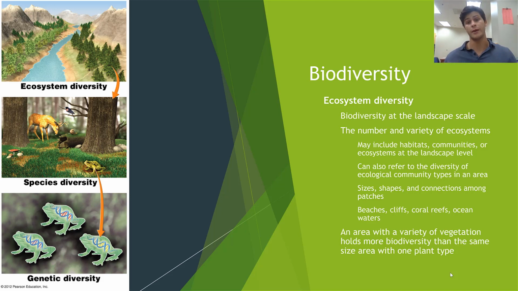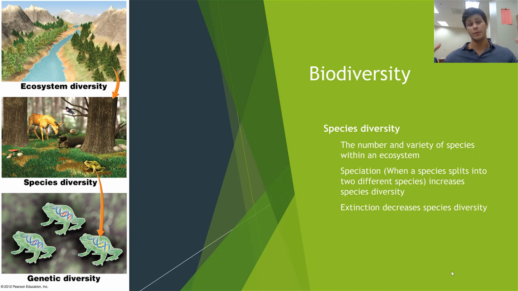So, all else equal, a landscape that is very connected, with large amounts of exchange in material, energy, maybe different trophic levels, or different organisms going back and forth between multiple ecosystems, is going to be more diverse than a landscape that has very isolated ecosystems that don't really interact with one another. So the size, shapes, patches, and the connections between ecosystems at the landscape scale are important in determining ecosystem biodiversity.